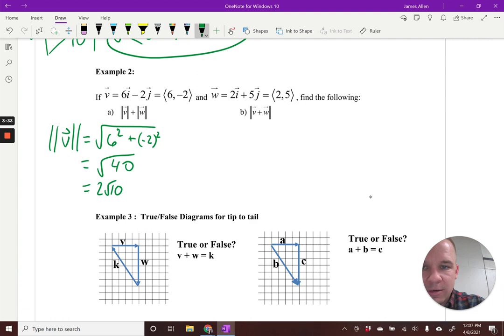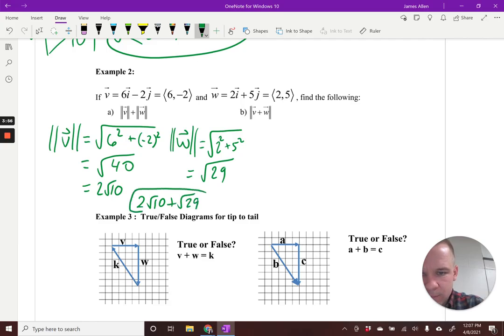Now the magnitude of W, I got 2 squared plus 5 squared. And so that would be 4 plus 25, that's 29. So the sum of those two is just 2 root 10 plus the square root of 29. That's it.